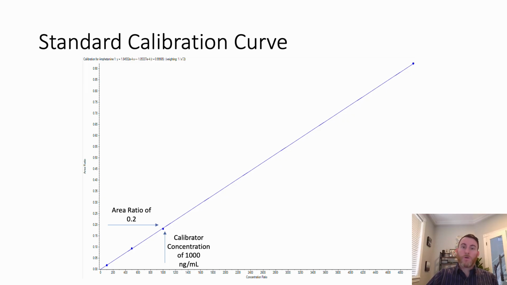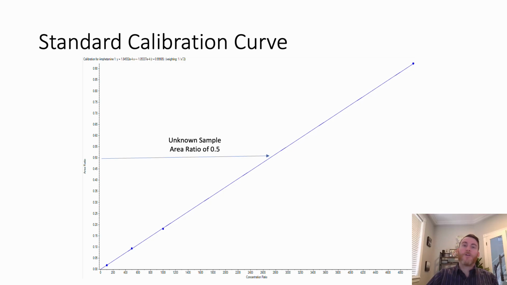So if you divided that area ion count of your analyte by your internal standard, you would get an area ratio of 0.2. And you can then see that, in this case, we actually have 4 calibrators. We have that 100, the 500, the 1000. We also have a 5000, and they are all creating linearly increasing ion ratios that are dependent.